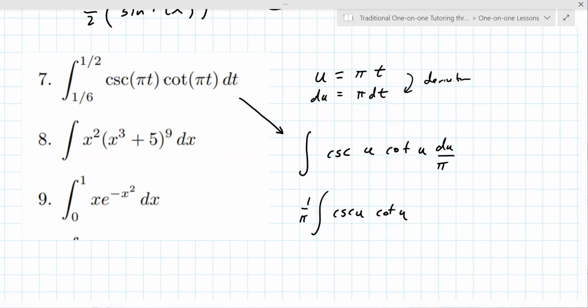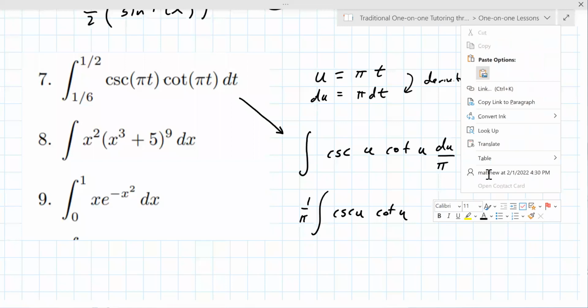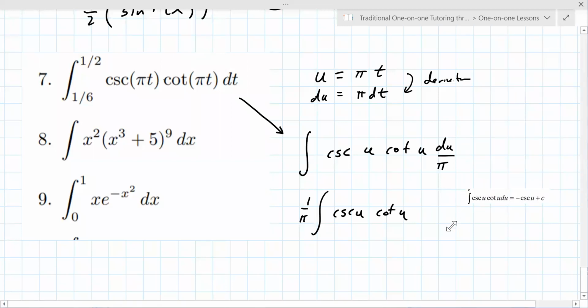And if I snip in the reference for this one, oops, I'm on the wrong page. Let me get that. Sorry, I'm just getting a little slow here. Here it is. So the reference is right here. You can see that this integral just becomes negative cosecant u.